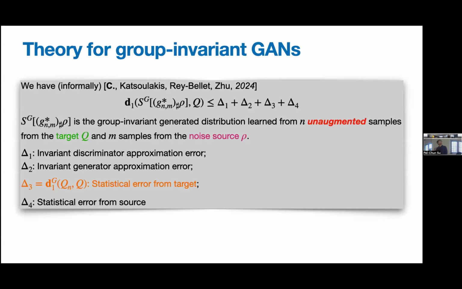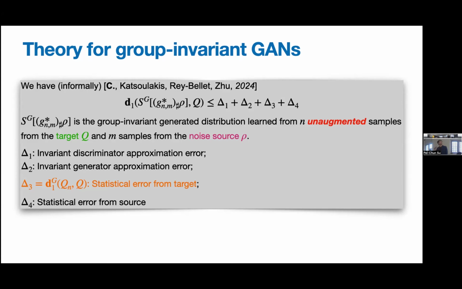Okay, so we have a theory for this group-invariant GAN. Basically, we measure the average Wasserstein-1 distance between the data distribution Q, which is assumed to be G-invariant, and the generated distribution from n unaugmented samples and m samples from the noise source distribution, such as a Gaussian.